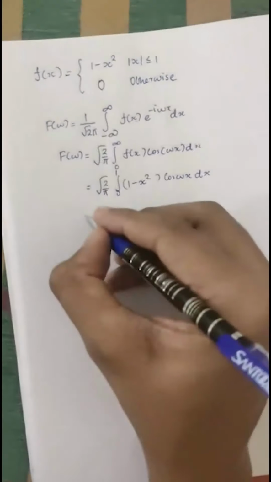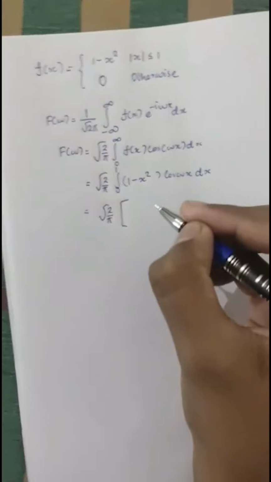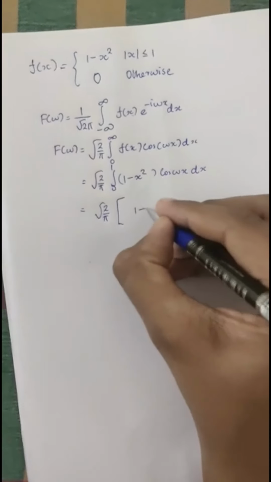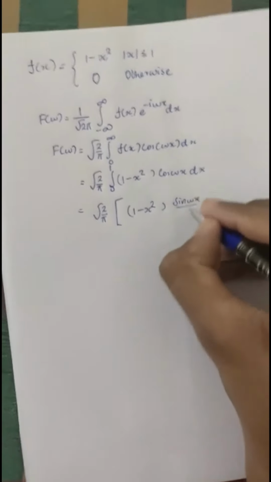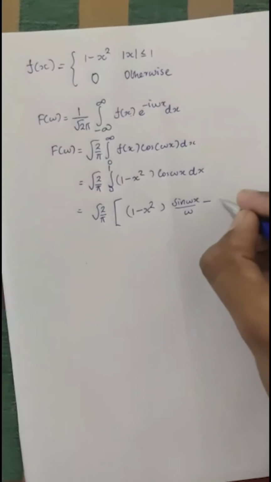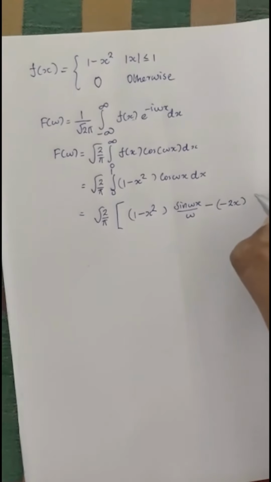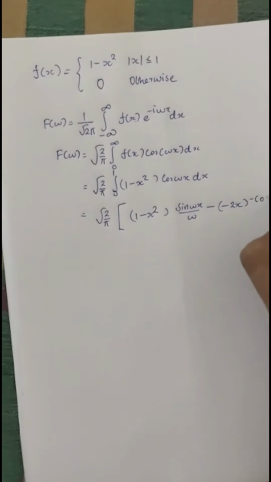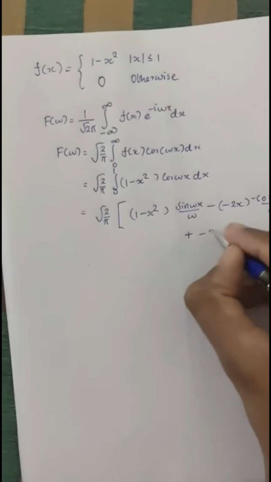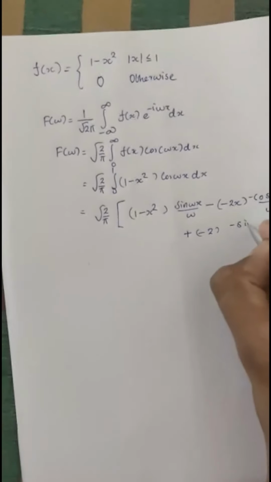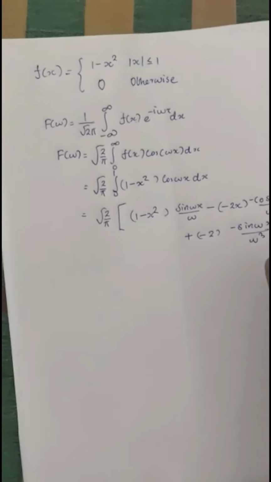Upon integration, we can write that this equals √(2/π) times [(1 - x²) sin ωx/ω - 2x · cos ωx/ω² + (-2) · (-sin ωx)/ω³] from x = 0 to x = 1.